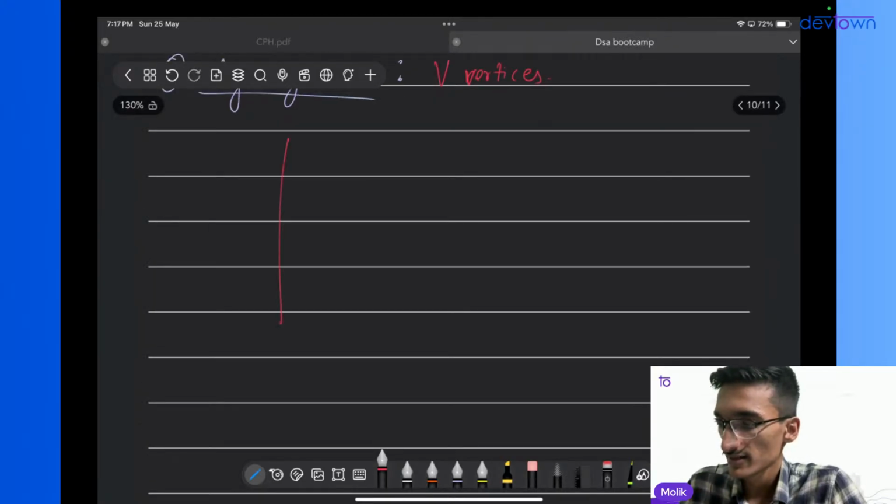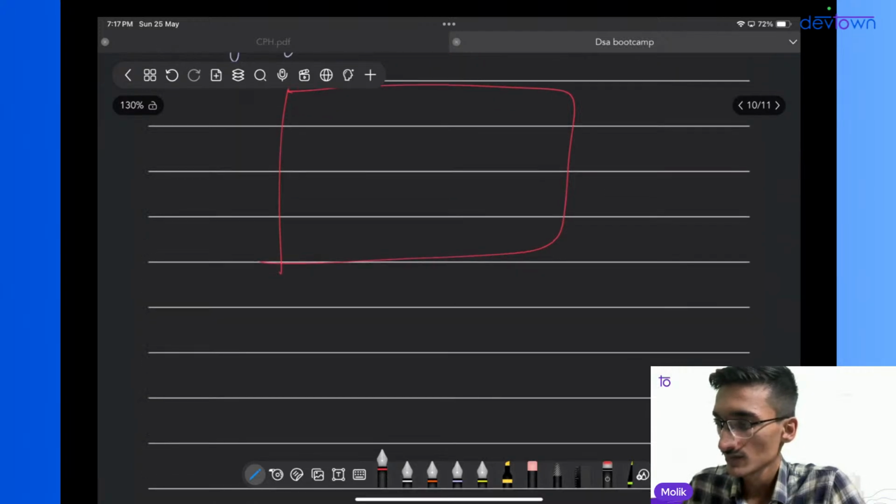So you basically create a V cross V matrix.